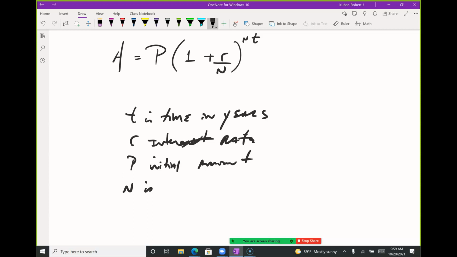So if I compound quarterly, 4 times a year. If I compound monthly, 12 times a year, right? Compound daily, 365 days a year, kind of thing, right? So number of times compounded, meaning how often do I calculate the interest, right?